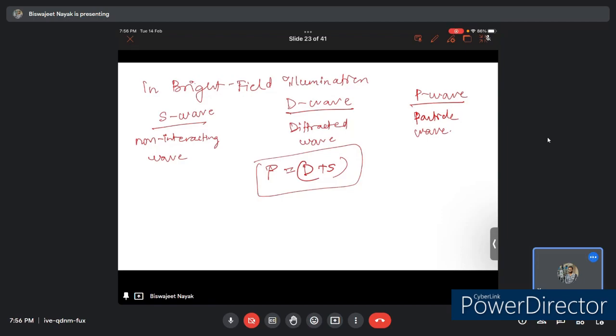Let's say in terms of waves, this one depicts our S wave, this one having a different phase depicts the P wave, and this one depicts the D wave. This is the D wave, this is the P wave, this is the S wave.